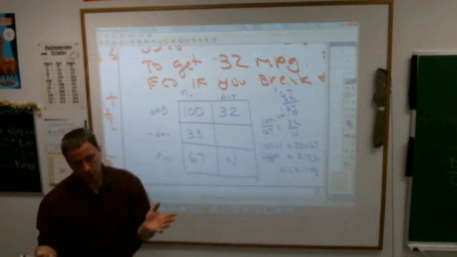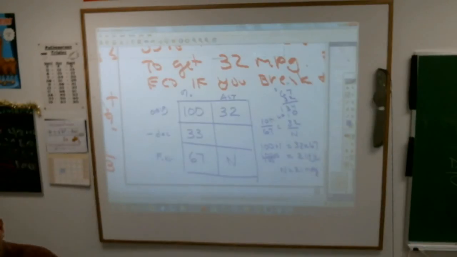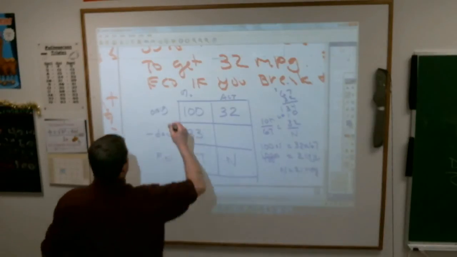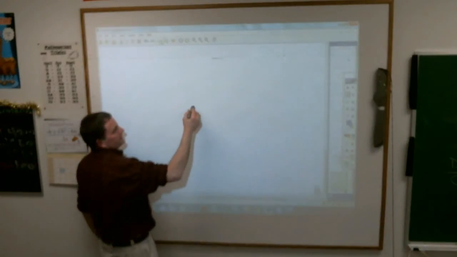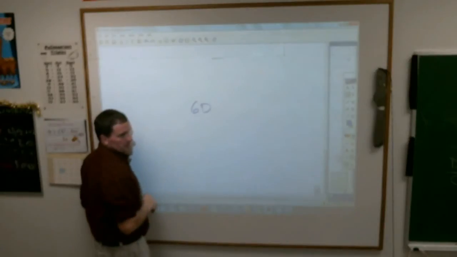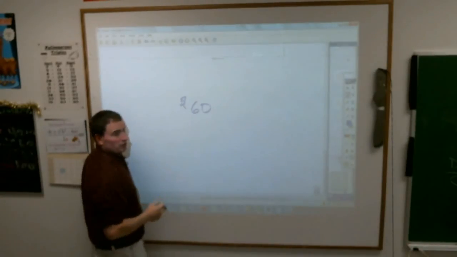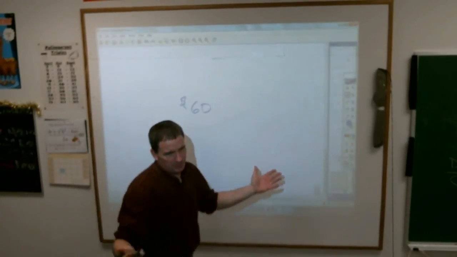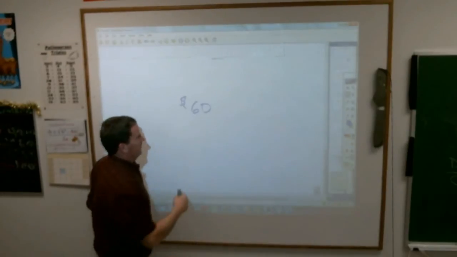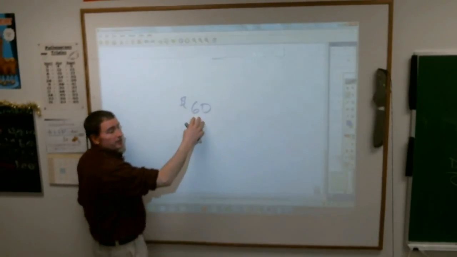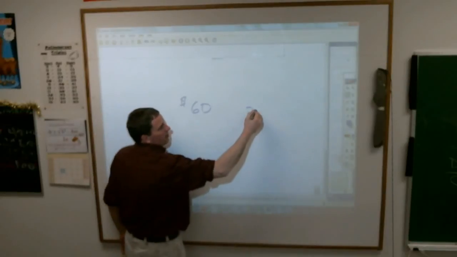Just like if you go into a store and it's a 20% off sale, what percent are you actually paying? 80%. Let's pretend we're at Kohl's, and the shirt is $60 and it's 20% off.